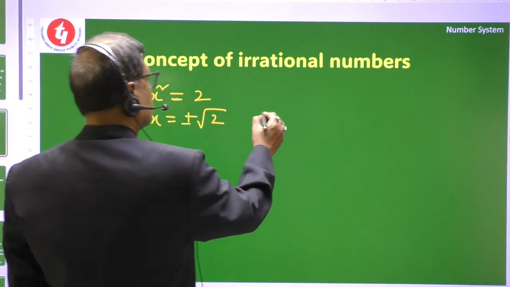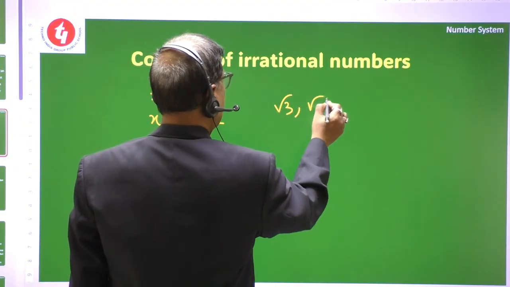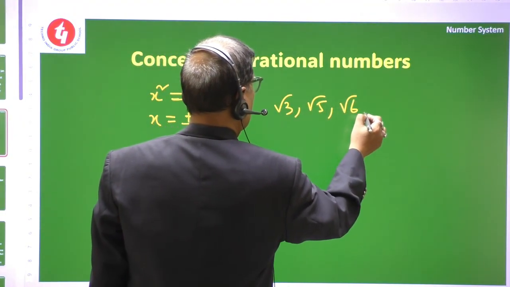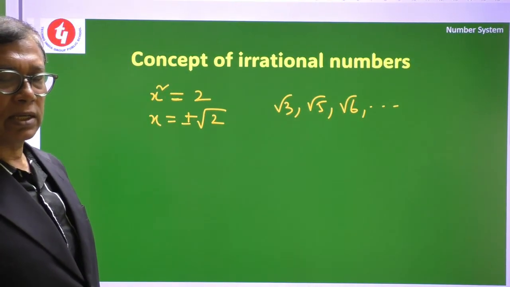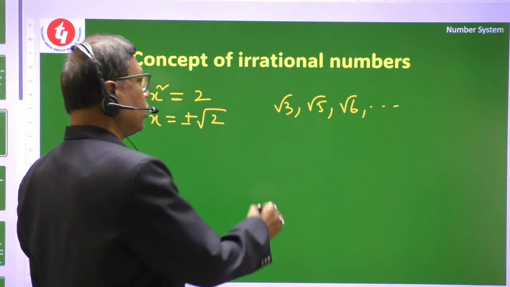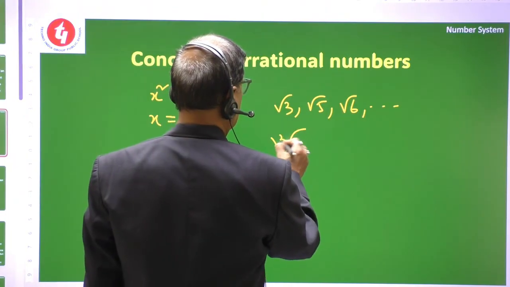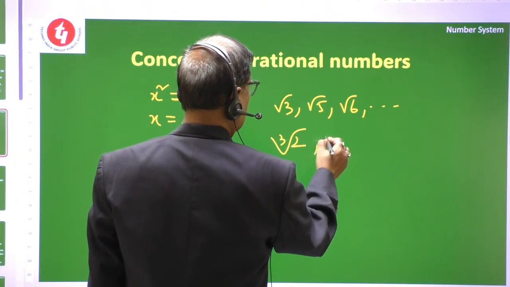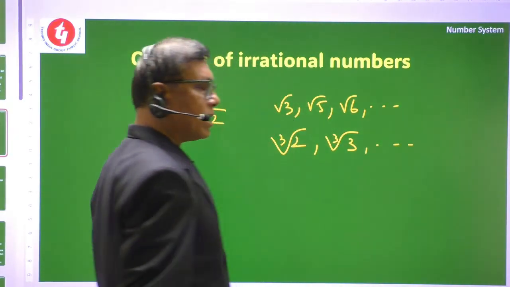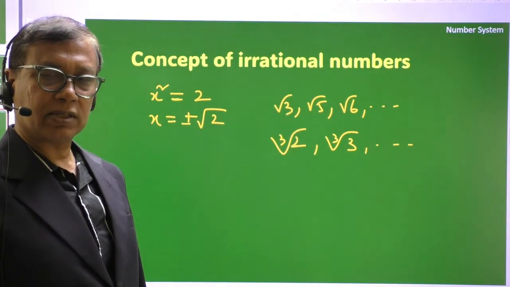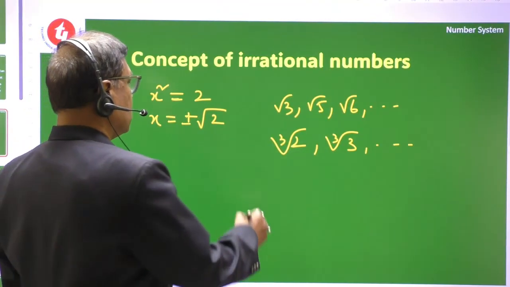So root 3, root 5, root 6, all these are irrational numbers. But not only the square root, if we take cube root, say cube root of 2, cube root of 3, these are also irrational numbers. Yes or no?